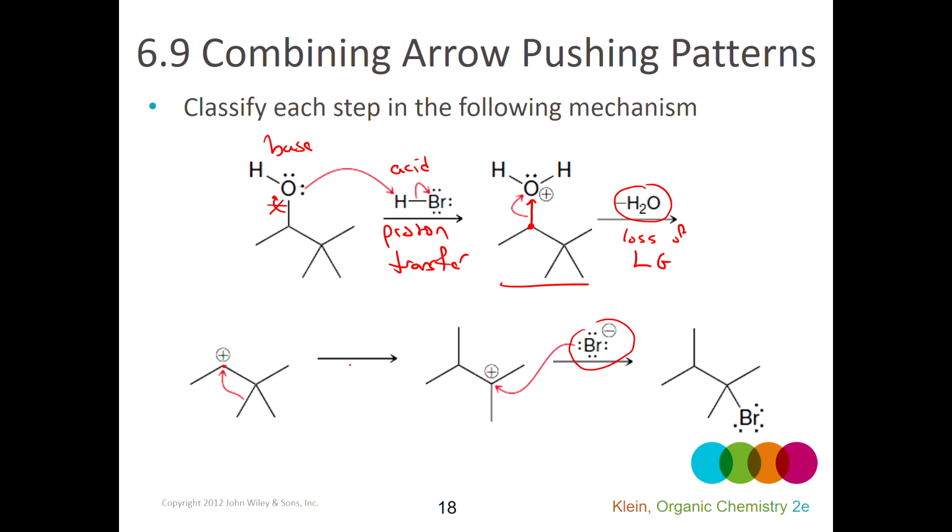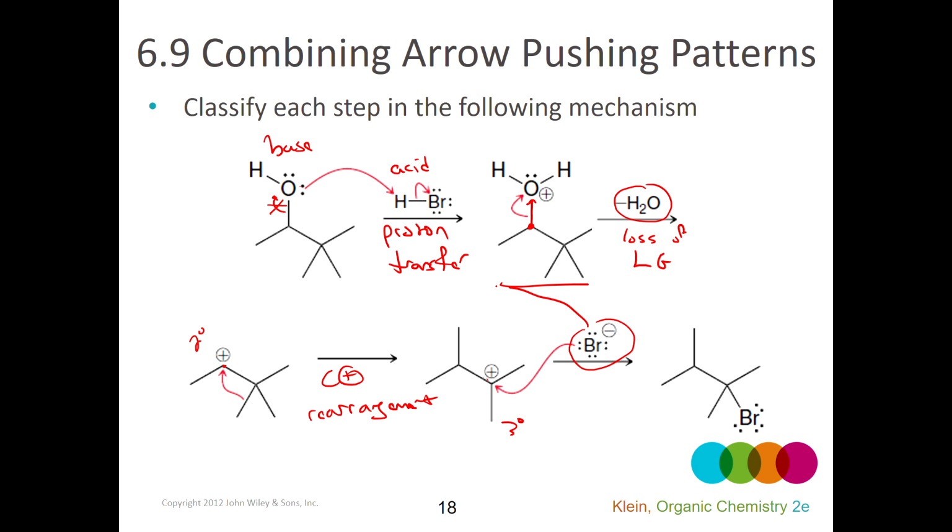And similar to the example we just looked at, since that's a secondary carbocation, only stabilized by hyperconjugation with 2 carbon groups, if a methyl were to shift over in a carbocation rearrangement, I would create a tertiary carbocation that would be more stable, and that would happen before the Br minus comes in.